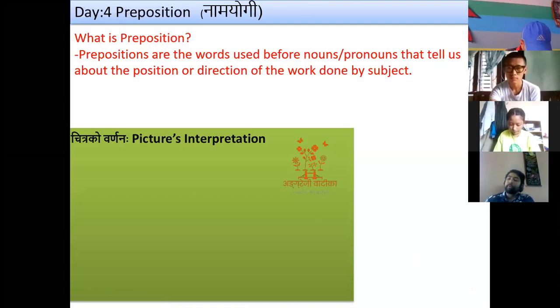And what does it do? It tells us about the position or direction of the work done by the subject.